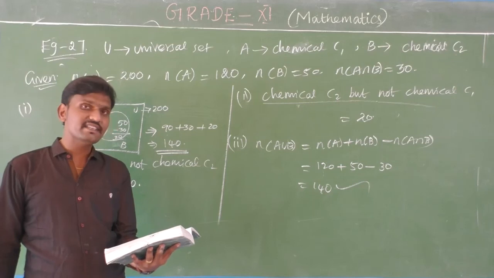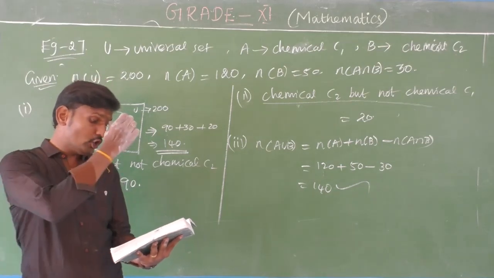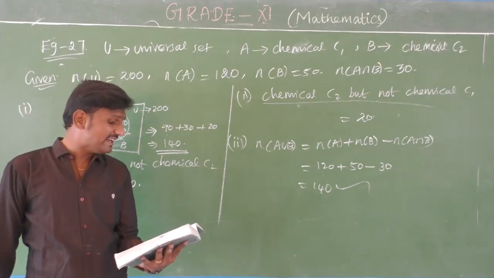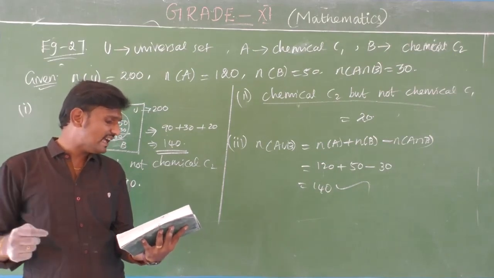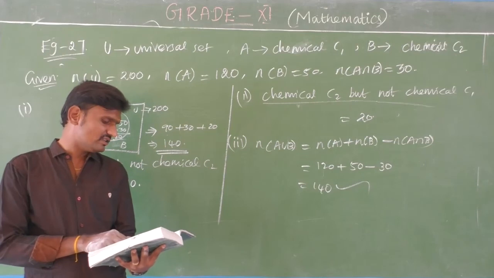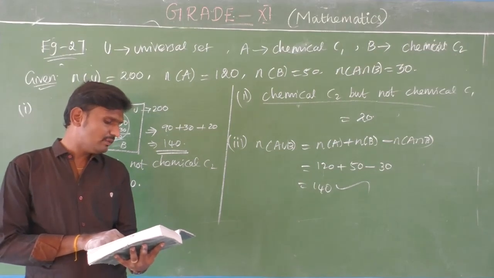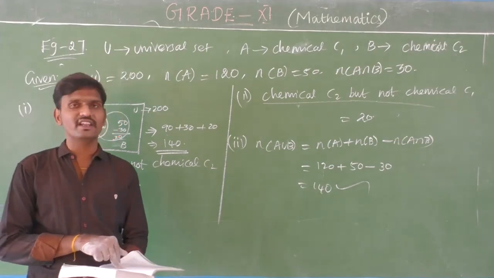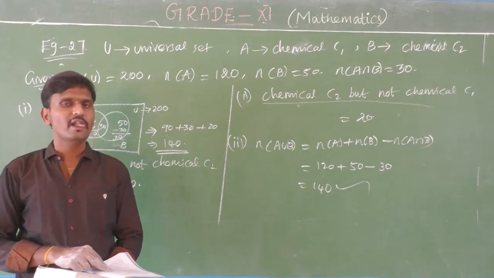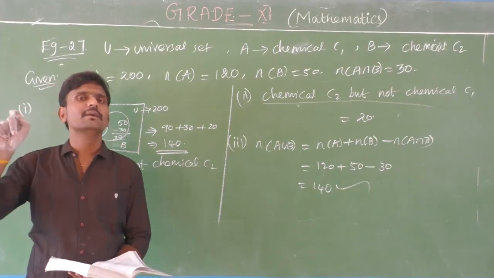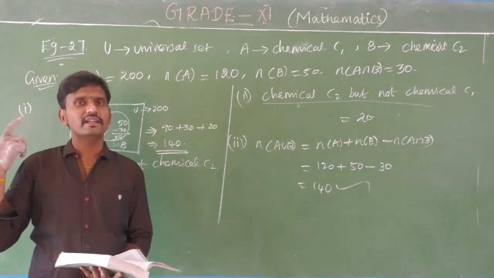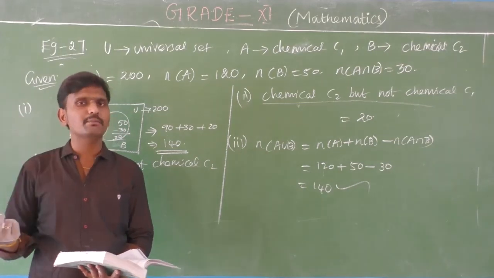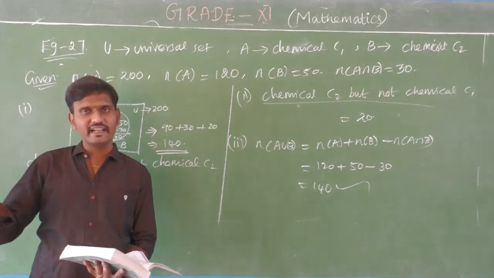Now look at the sixth question. In a group of 70 people, 37 like coffee, 52 like tea, and each person likes at least one of the two drinks. How many of them like both coffee and tea? So that intersection we need to find. Let A be the number of people who take coffee, and B the number of people who have taken tea.